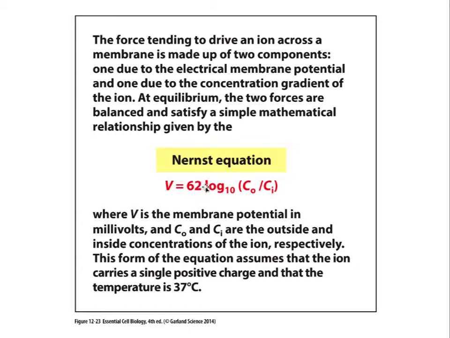And then if you multiply that by the log 10 of this ratio, the concentration outside the cell of that ion and the concentration inside the cell of that ion, that solution will give you the membrane voltage due to that ion alone, if that ion alone is responsible for maintaining a membrane potential.